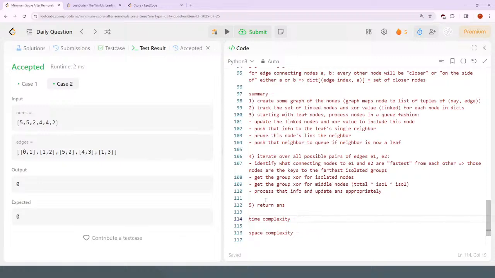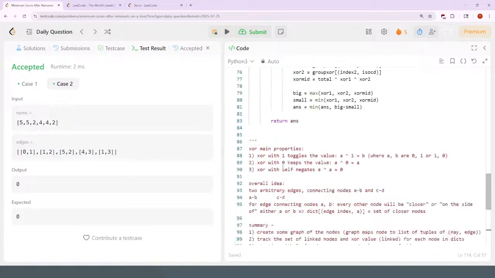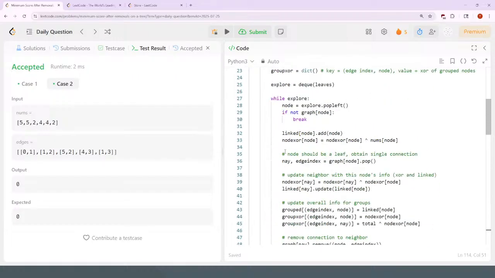Time complexity, O of n squared to iterate, where n is equal to the number of edges. Is it n squared?